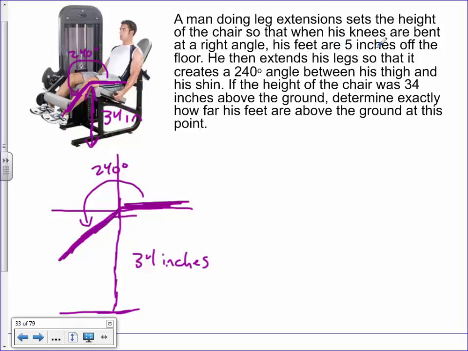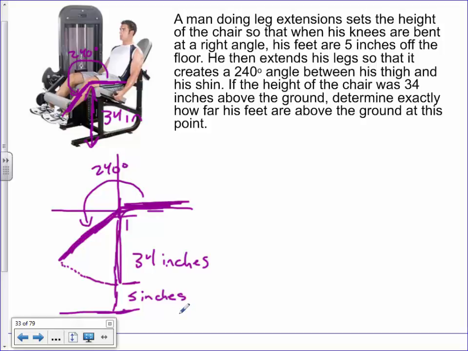It says that when his knees are bent at a right angle, though, his feet are exactly 5 inches off the floor. So imagine that his legs could swing back down to right here, if he was perfectly flat, you know what I mean? Like how my knees are like this. It says that there would be 5 inches left. Can you just kind of picture that? How long are his legs?